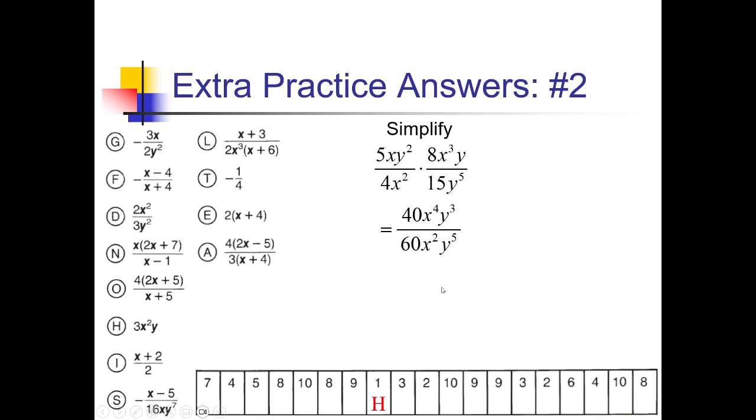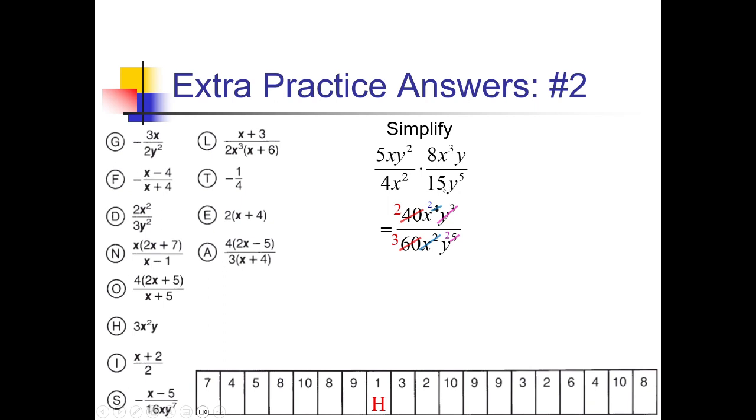Going through and reducing, 40 over 60 reduces to 2 over 3 if I reduce that by 20s. X to the 4th over x squared reduces to an x squared, 4 minus 2, in the numerator. And then the y's are going to reduce as well to a y squared, but now that's going to be in the denominator because I had a larger exponent in the denominator to begin with.